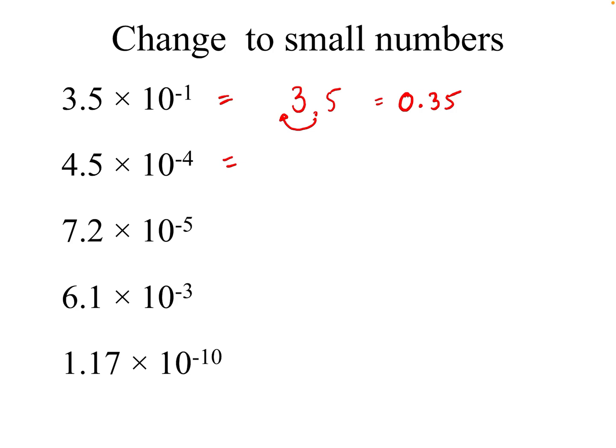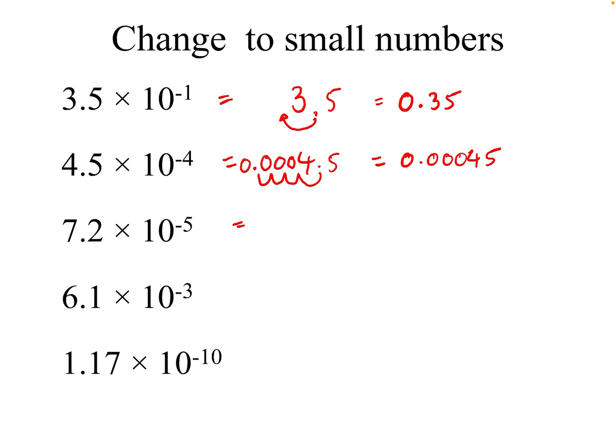Okay? Let's write down 4.5. We need to move it to the left 4 places. So 1, 2, 3, 4. Fill in any gaps with zeros, and you're going to need a 0 point in front. So the answer is going to be 0.00045. The decimal point has now moved from between the 4 and the 5 to the appropriate place.